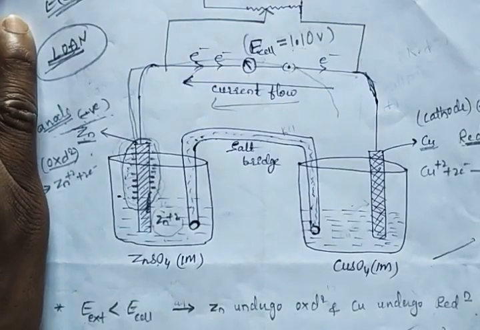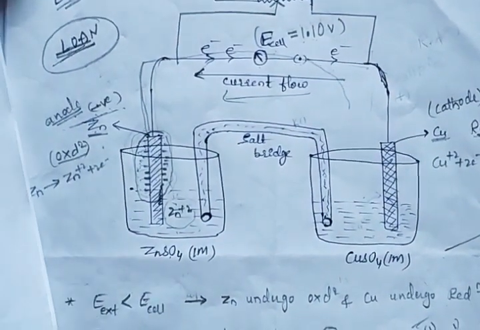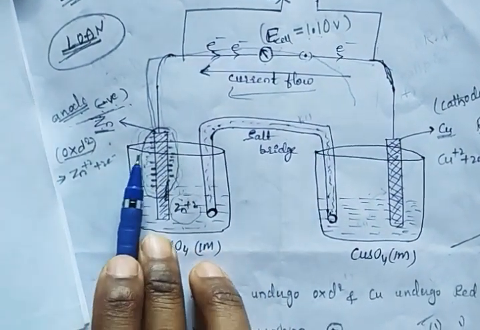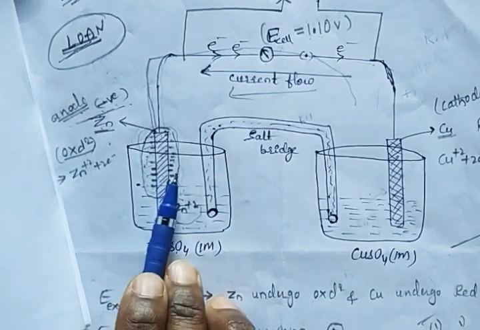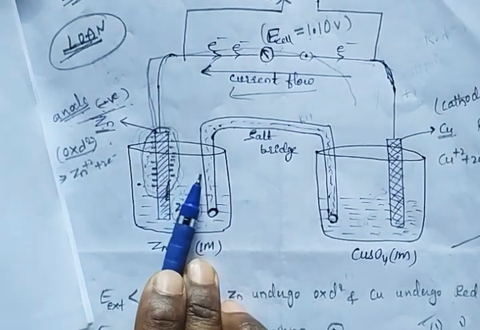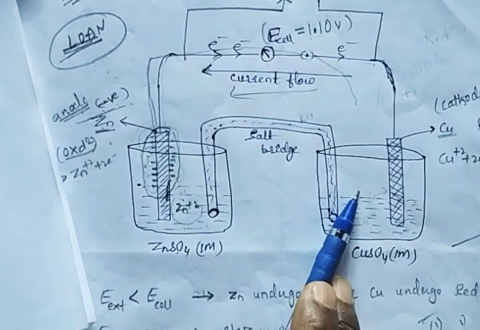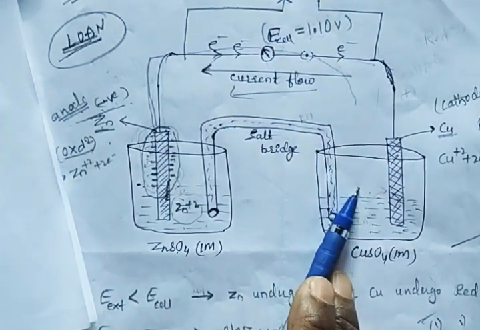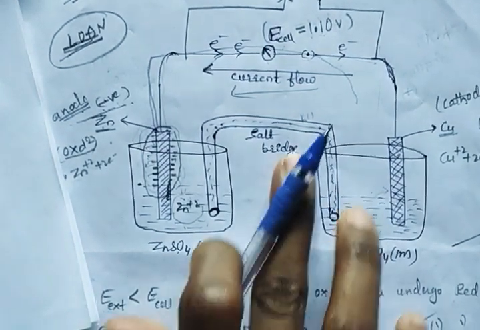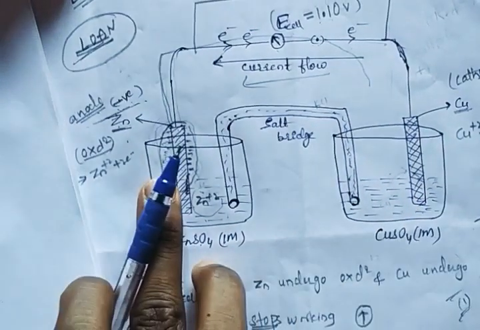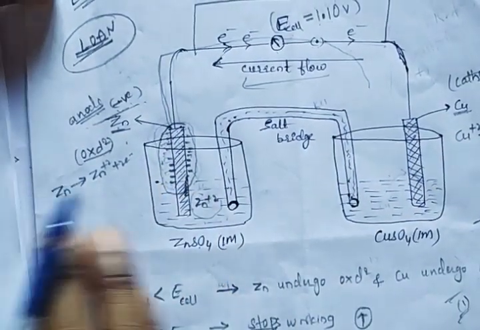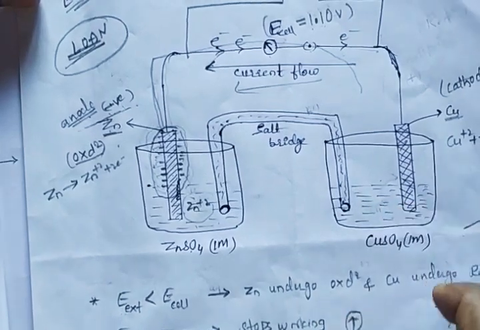So how have we measured these values? Just by using a reference electrode. In one half cell, the zinc half cell, and on the other side we need to connect with SHE. यहाँ पर SHE लेना पड़ेगा. Zinc on the left hand side and SHE on the right hand side.